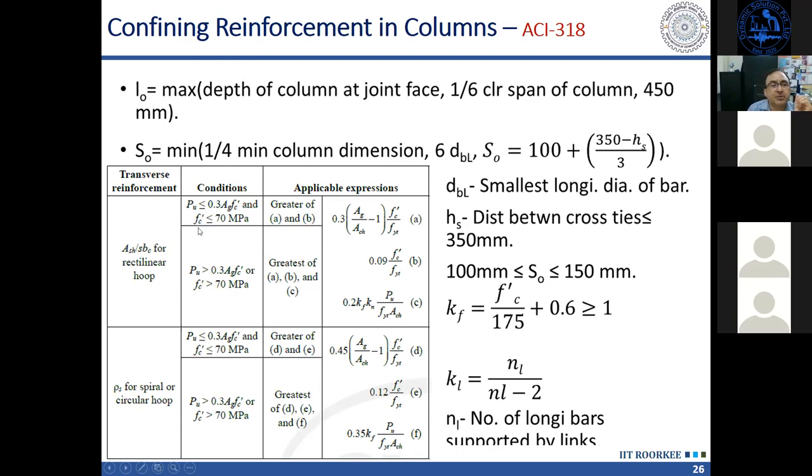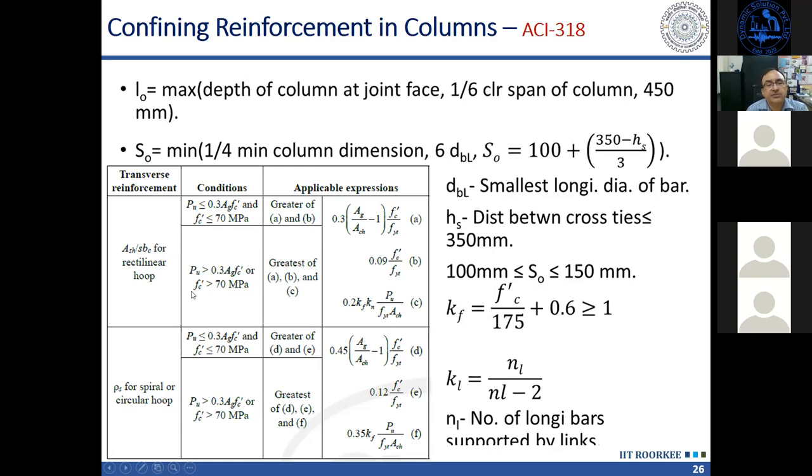It also depends upon the compressive strength of the concrete. So the Fc dash is the cylinder strength. So for normal concrete, Fc dash less than 70 MPa, there is one expression. For cylinder strength more than 70 MPa, also we have to consider this C also. So this will be governed by C also.